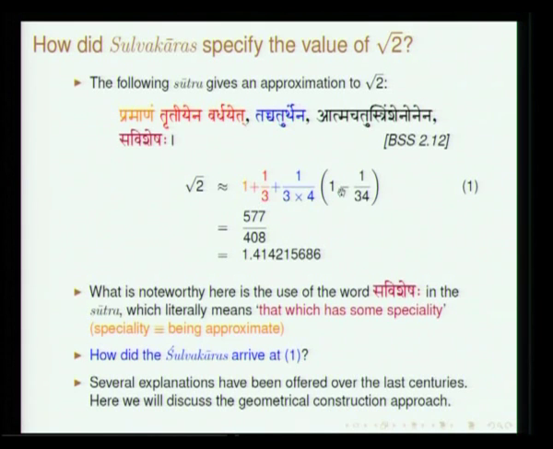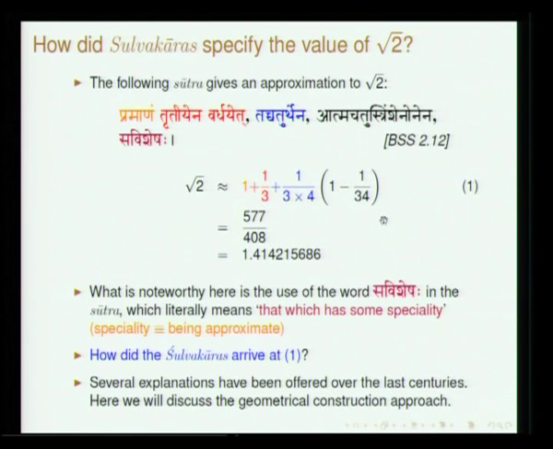Then it says atma chatustrimshena vunena. Chatustrimsha is 34, vuna is subtraction, a negative kind of thing. So, you have to subtract 1/34 of that. The atma here refers to 1 by 3 into 4.